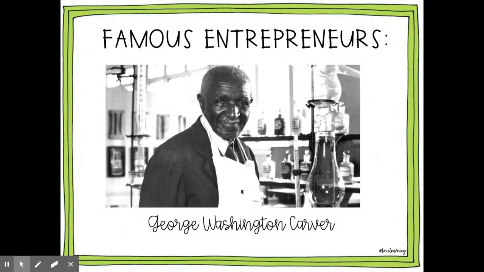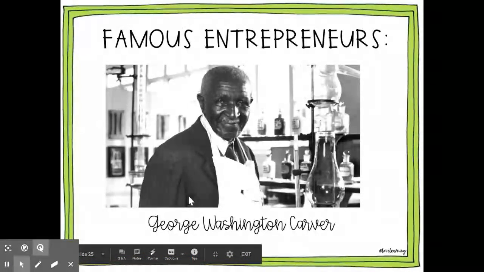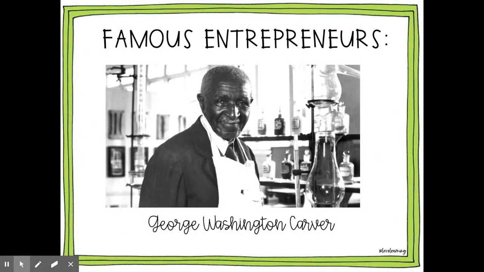George Washington Carver was a pioneer for Black scientists everywhere. He pioneered the method of crop rotation. Now, I know it sounds weird, but if you don't rotate your crops in the soil, in other words, if you keep planting the same crop in the same patch of soil over and over again, you deplete the soil of its nutrients.